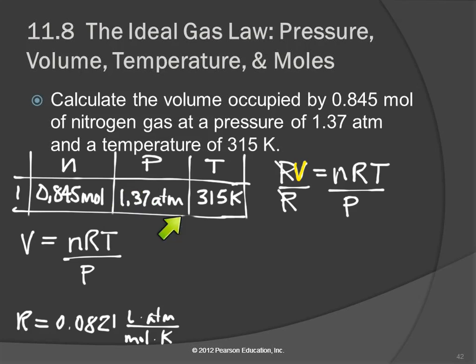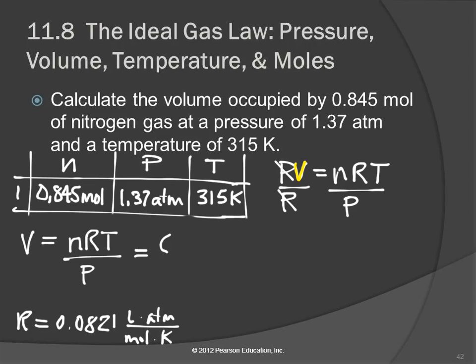If our pressure was given to us in torr, we would need to convert it to atmospheres. If we were given grams instead of moles, we'd have to use the molar mass and convert from grams to moles. But this one's nice. So we're going to take these numbers and put them in.